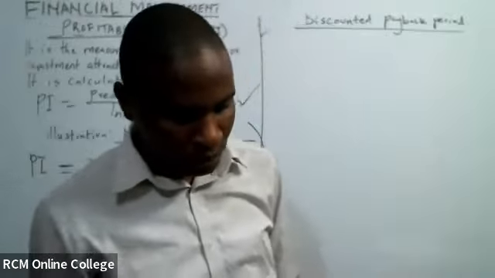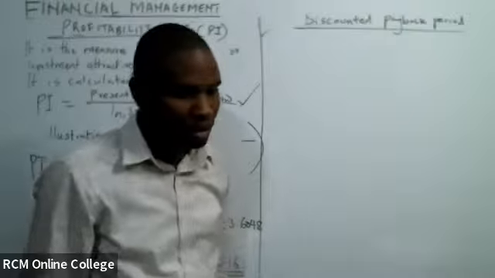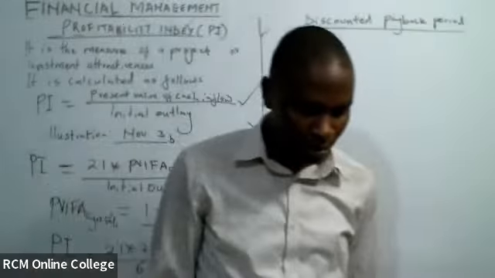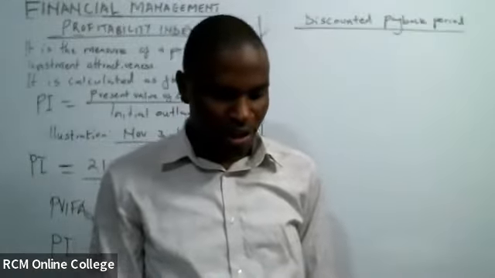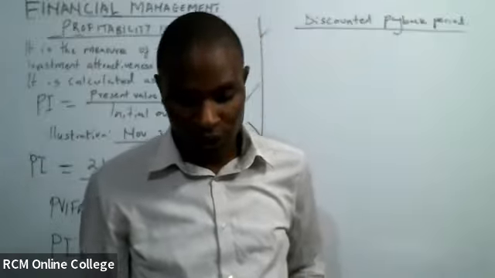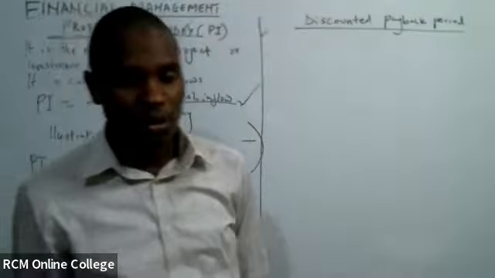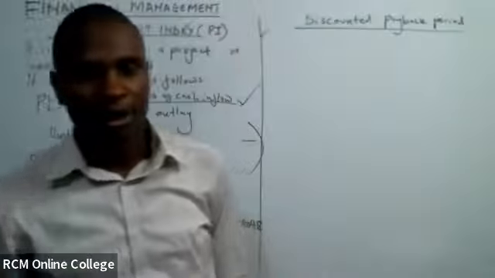Now we repeat, a discounted payback period gives the number of years it takes to recover the initial investment by discounting the future cash flow, and recognizing the time value of money.